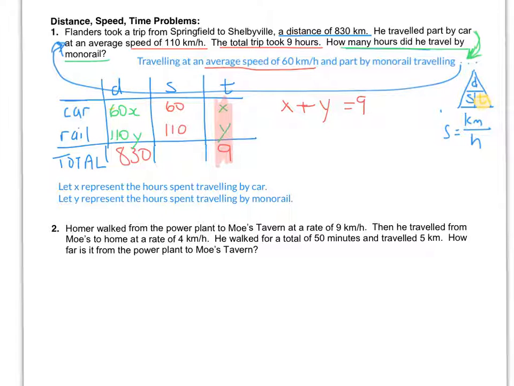And then I have another total equation where it's telling me that the distance traveled by car plus the distance traveled by rail has to add up to be 830 kilometers. So my second equation could be 60x plus 110y, so the distance traveled by one plus the distance traveled by the other has to equal 830. So there are my two equations I can solve using Desmos and write my therefore statements.